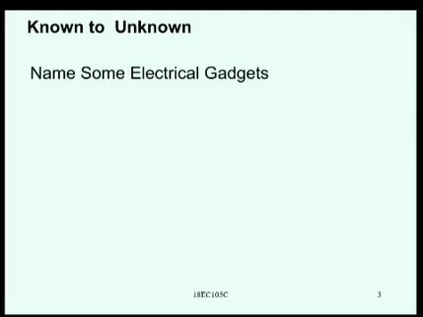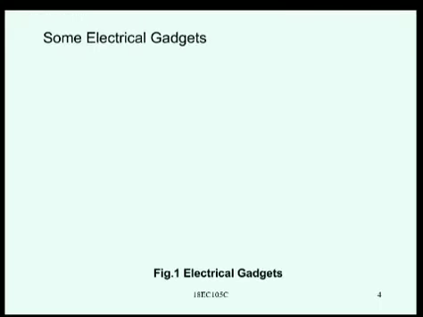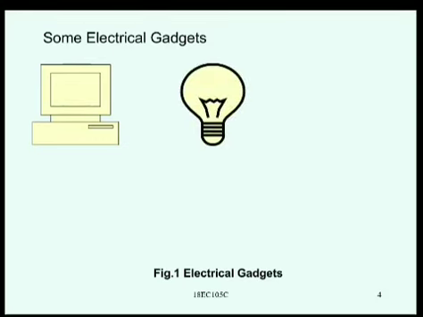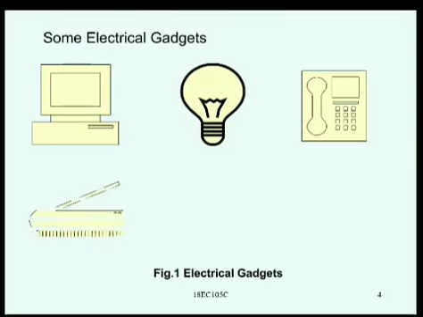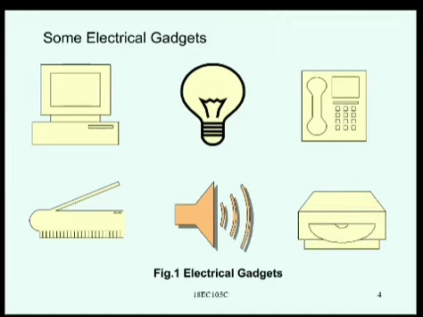Electrical appliances at home: bulb, fan, refrigerator, telephone, computer, etc. Let us visualize them, how they look like. And this is actually a loudspeaker. It's an electrical gadget. Computer.